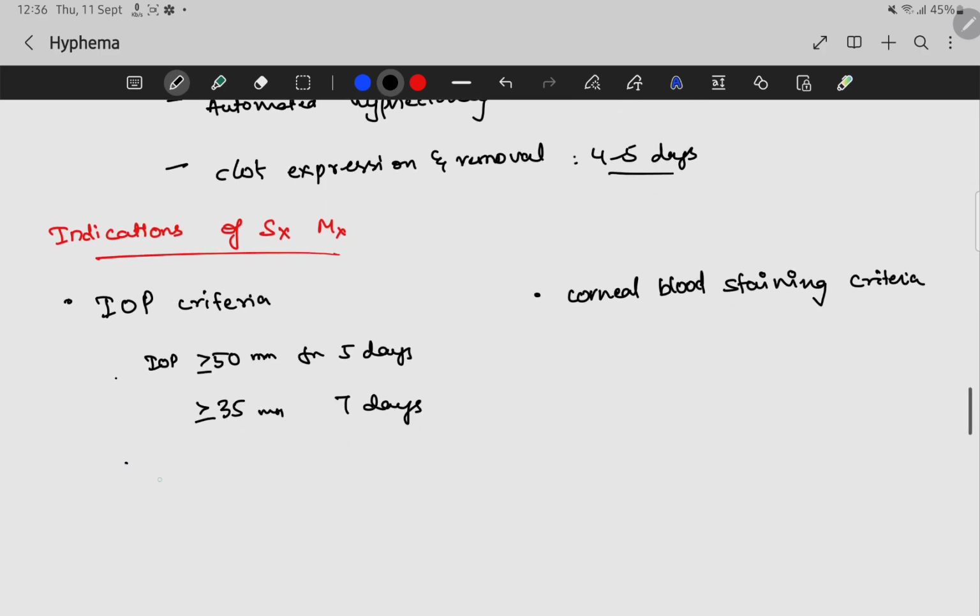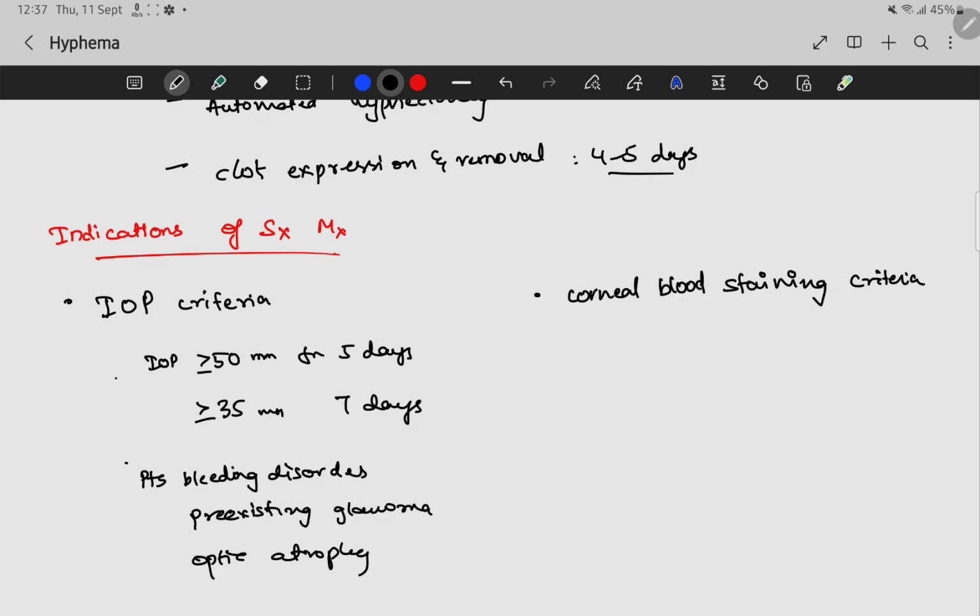And along with this, patients who have bleeding disorders or pre-existing glaucoma and who have optic atrophy or disc at risk require early intervention.